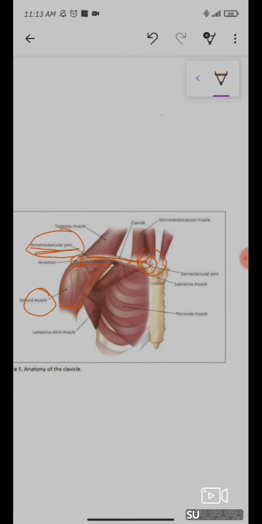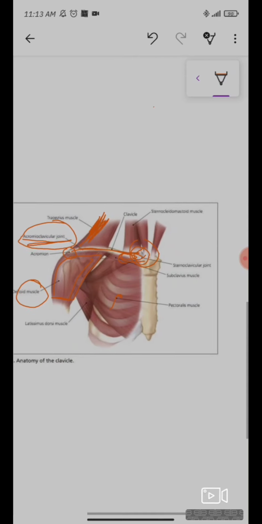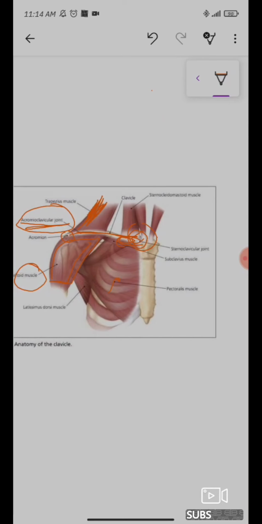In this part, this is pectoralis major in the medial 2/3 part of the anterior surface. This is trapezius muscle in the posterior border of lateral 1/3 of the superior surface. This is sternocleidomastoid muscle in the superior surface, which is inserted into the mastoid process.